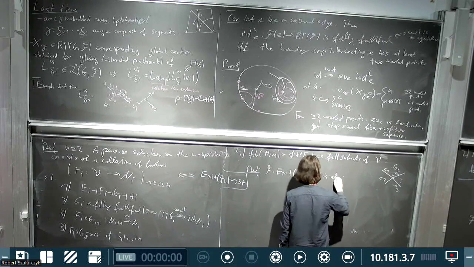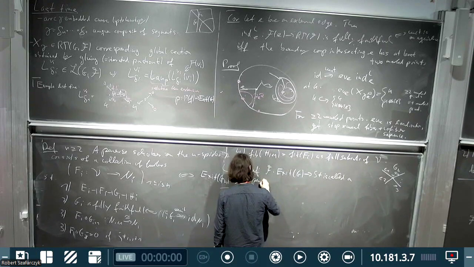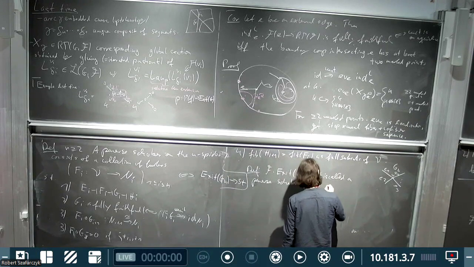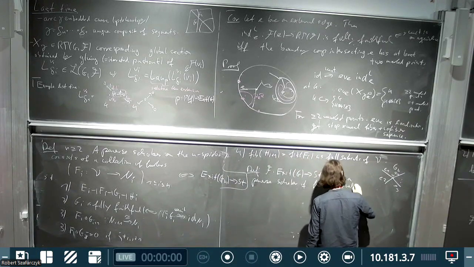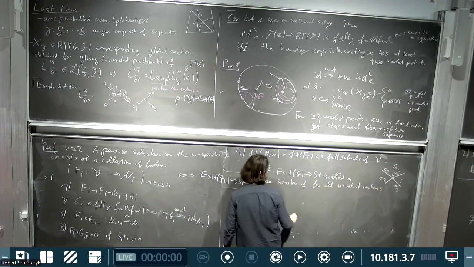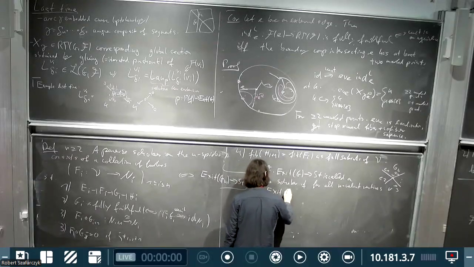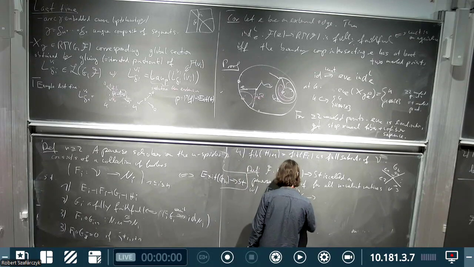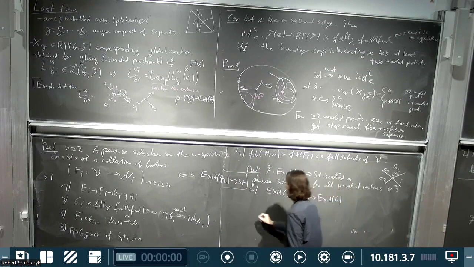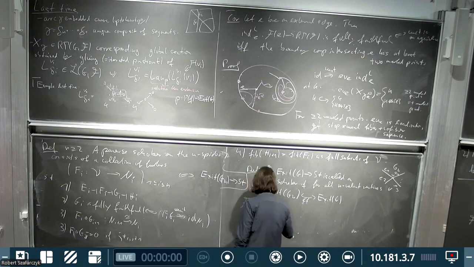It's called a Schober, a perverse Schober, if for all n-valent vertices V, with corresponding fully faithful inclusion of the exit path category of G_n into the exit path category of G, F restricted to the exit path category of G_n is perverse.